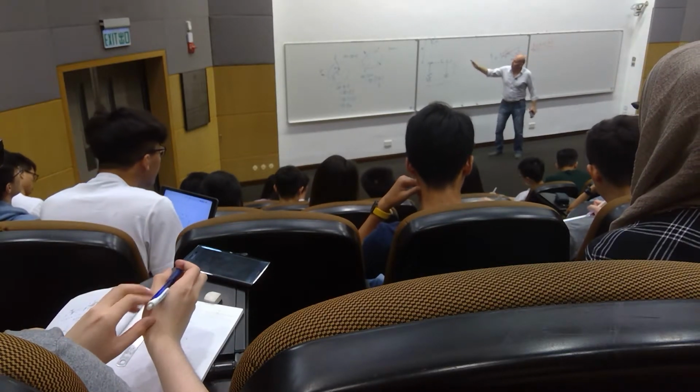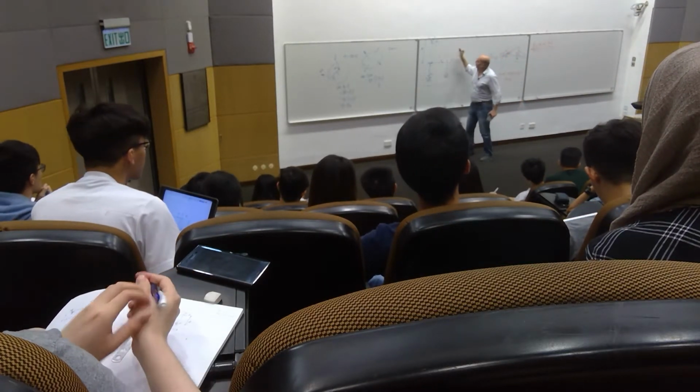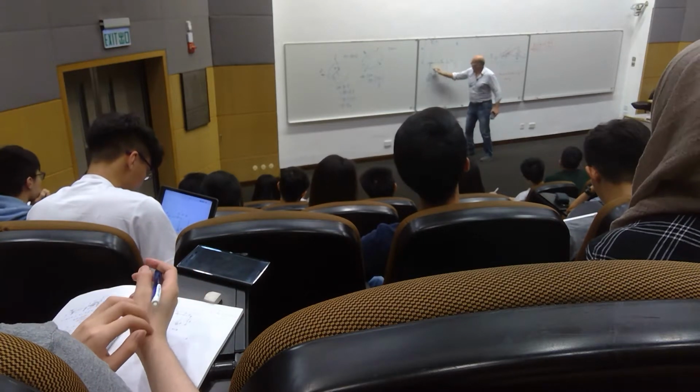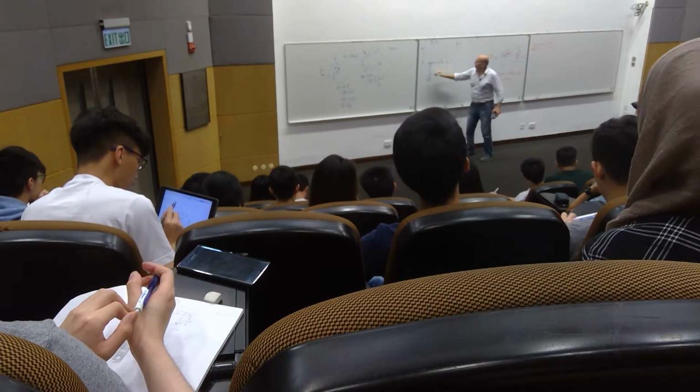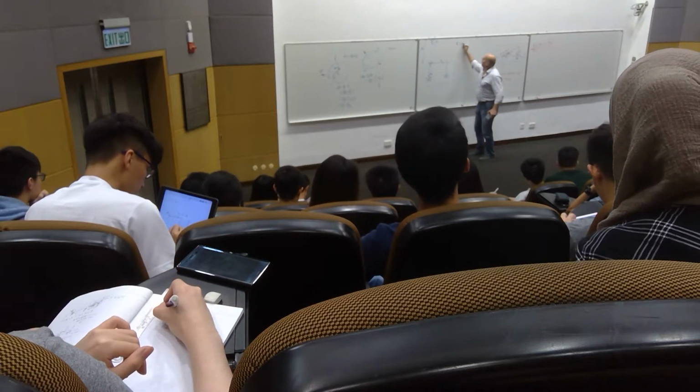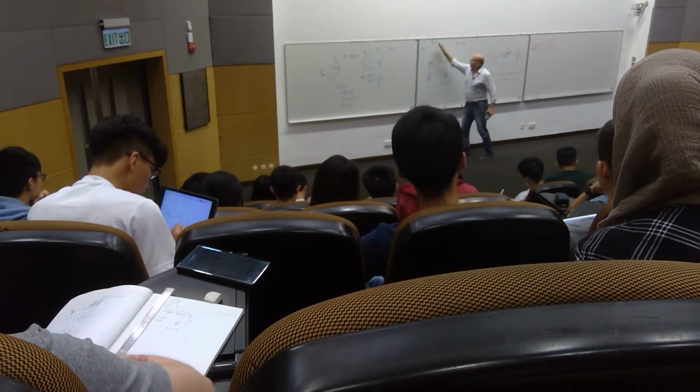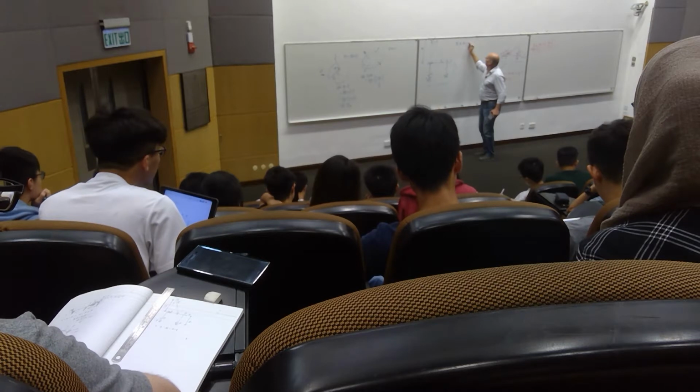Okay, what is the relationship between theta 1 and theta 2? Theta 1 times the distance of 4 must be equal to theta 2 times the distance of 12.